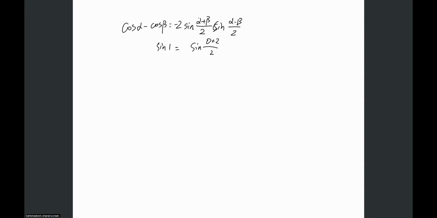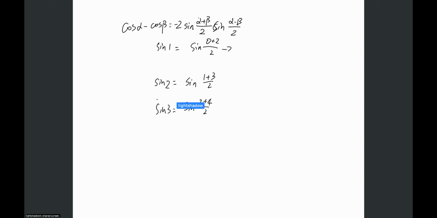And sine 2 equals sine of 1 plus 3 over 2, and sine 3 equals sine of 2 plus 4 over 2.